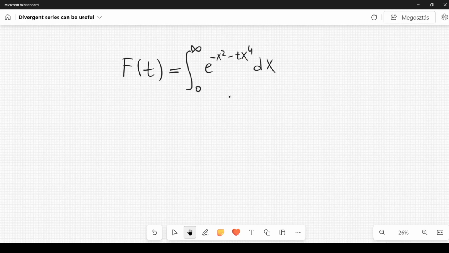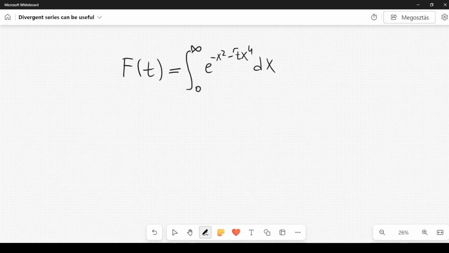So one way to tackle the problem is to expand this exponential with respect to the variable t, then you find a series, and by switching the order between the integral and the series, which, by the way, cannot always be done because you might give rise to divergences, and we will show that. But even by generating such divergences, I want to show you that it is actually useful.